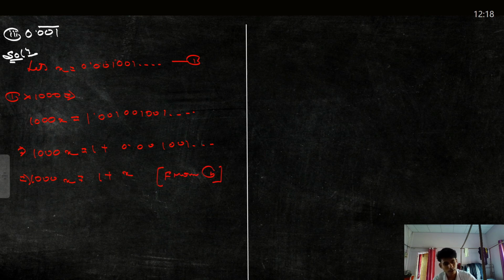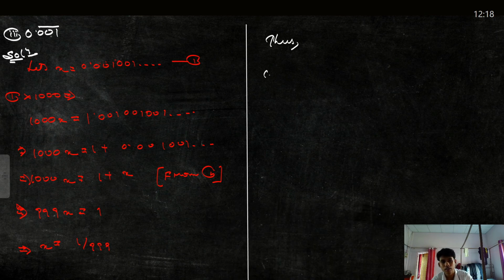from equation 1. That implies 999x would be equal to 1. Therefore x is equal to 1 by 999.